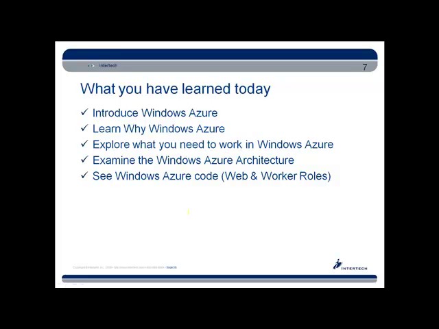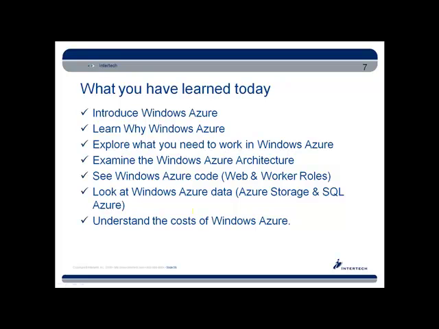We also have taken a look at a little bit of code, things like what web and worker roles are about, and what some of the code in those might look like. And of course, we've looked at what are some of the data alternatives for housing data inside of the Windows Azure environment, to include Azure Storage and SQL Azure. And we've taken a look at some of the costs for each of those, and hopefully finding that the costs there are ones that can actually help us, not only in terms of getting applications up and running faster and more scalable, but cheaper than what we might find in our own data centers.